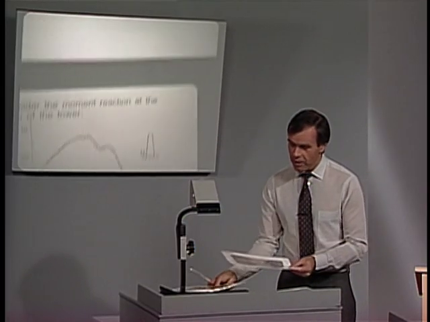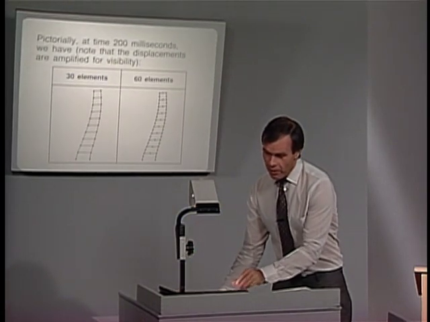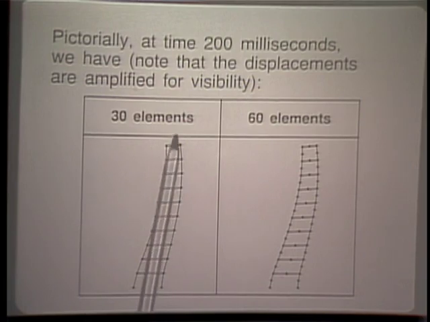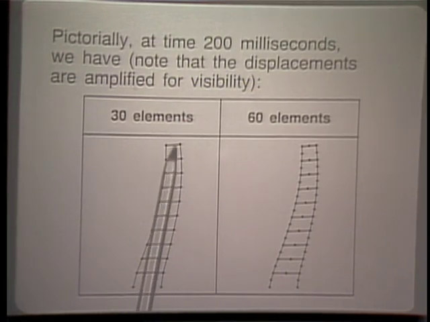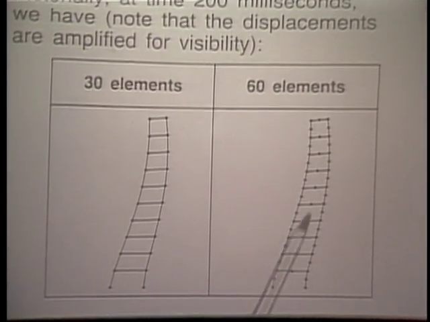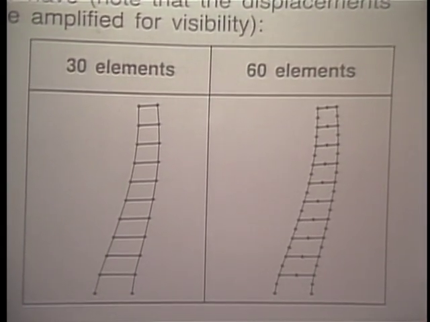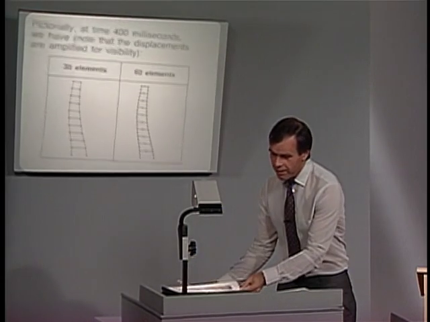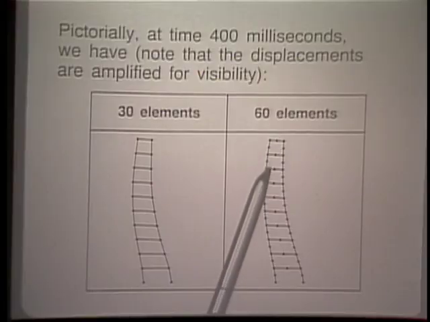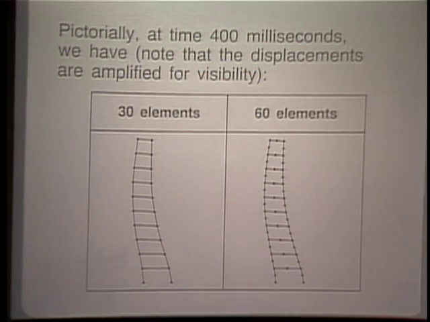If we look at the displacements of the tower, we have amplified these displacements here. The 30-element mesh at 200 milliseconds looks like that. The 60-element mesh looks like that. At 400 milliseconds, the 30-element mesh looks as shown here. The 60-element mesh looks as shown there.